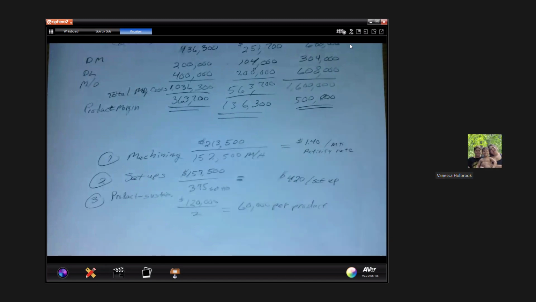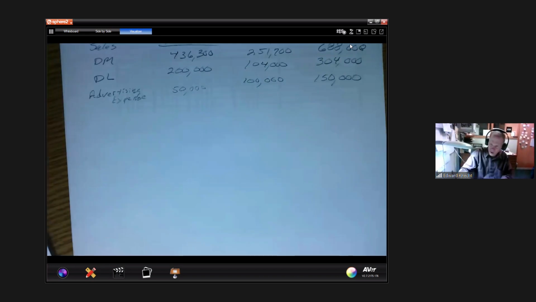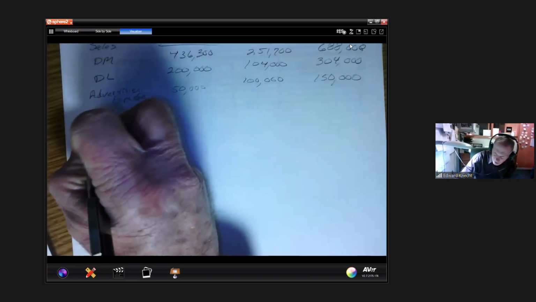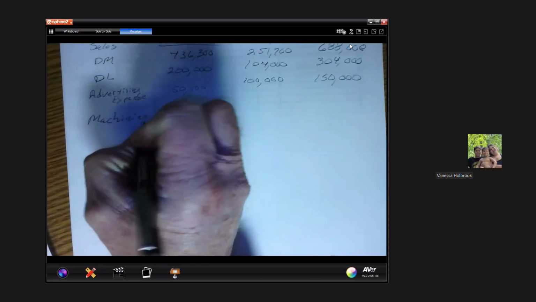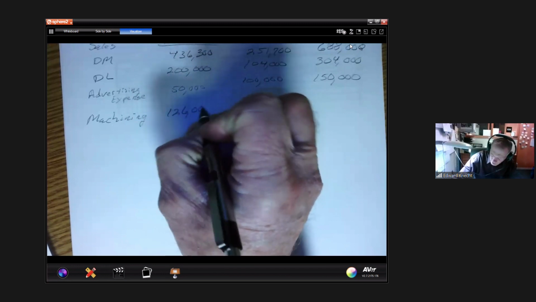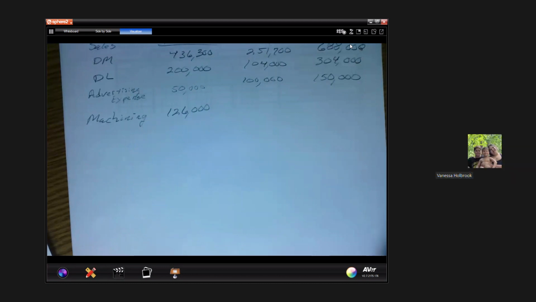When we multiply it, it should give us the total amount we're going to assign for machining, which is 126,000. Can anybody confirm that number? Okay, I got the same number.